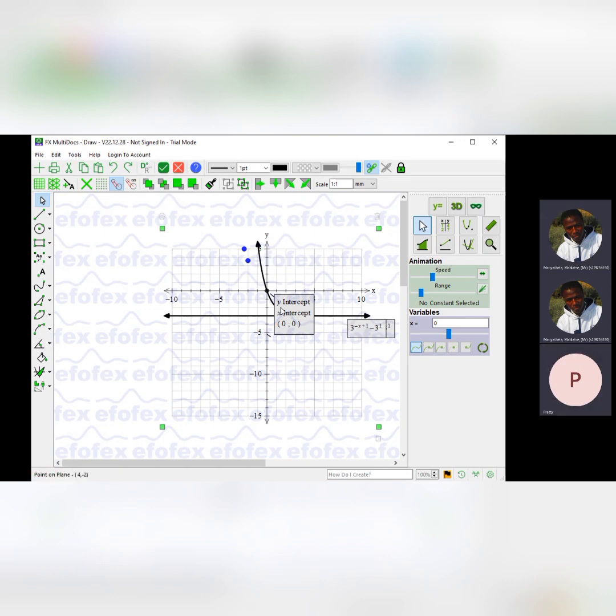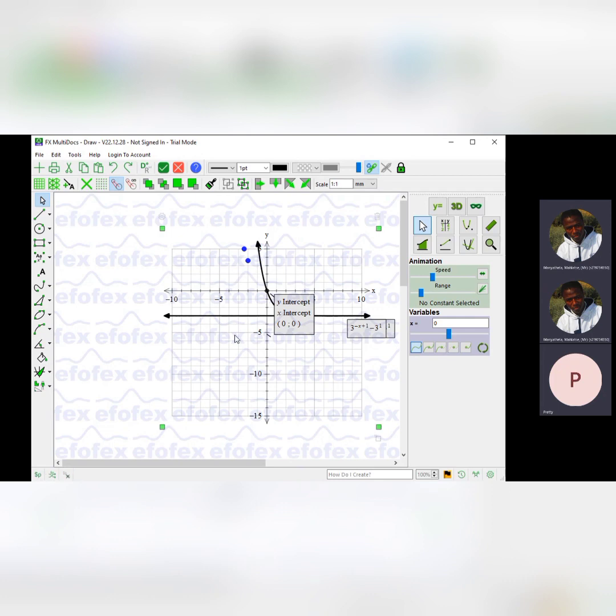The other point is the one that we've calculated: when x is 1, then y is -2. Then you are done plotting your graph.